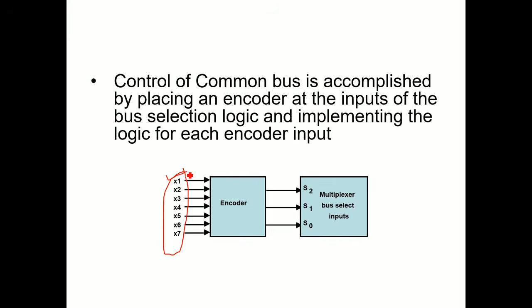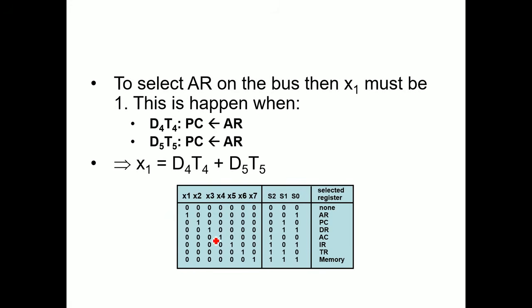When X1 is 0 and S2, S1, S0 is 0, then nothing will be performed. Whereas when X1 is 1 and the selection inputs are 0, 0, 1, then one operation will be performed. If you observe this diagram, you will get the clarity. In the first row, all the Boolean variable values are 0, as well as the selection inputs are 0, so nothing will be performed here.